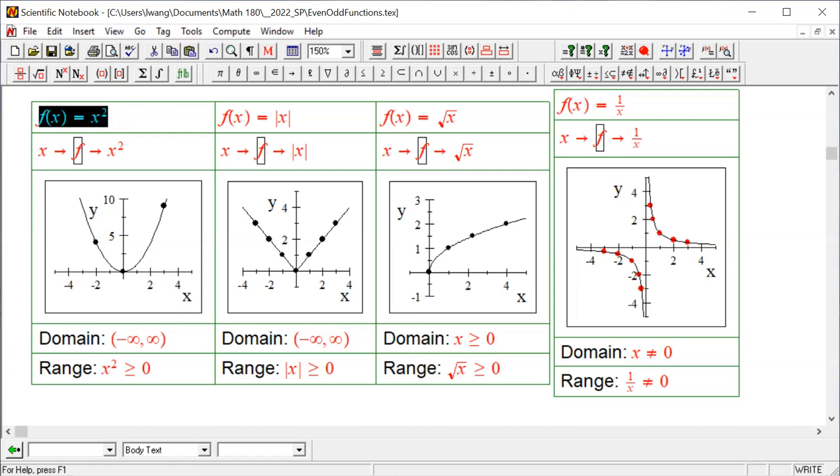Okay, for f of x equals x squared, it's even from the picture, right?